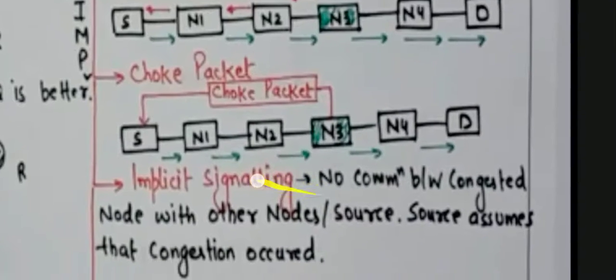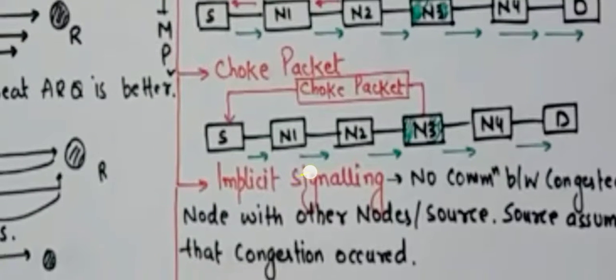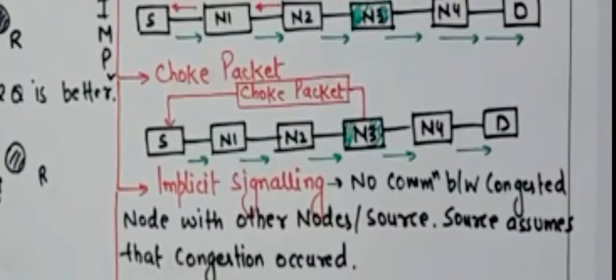Here the data is transmitted from source to destination, but at the N3 network the congestion happened. Now what we do here is, from N3 directly to the source, a choke packet will be transmitted.